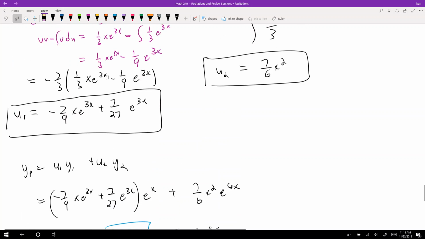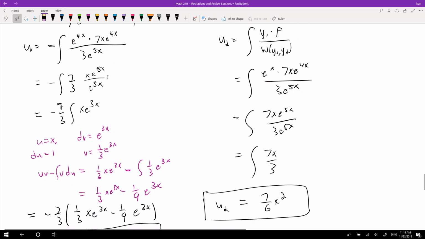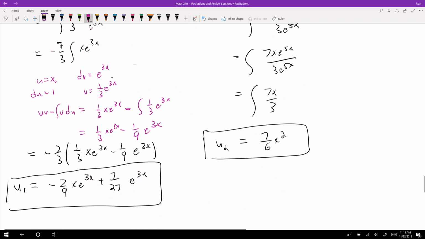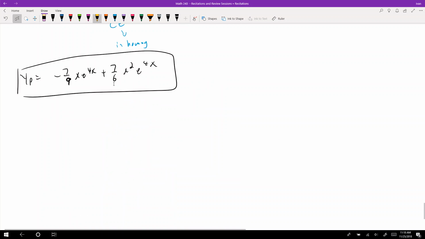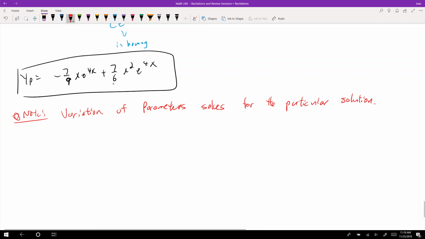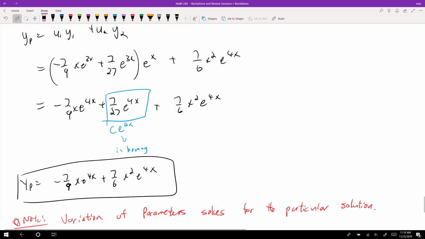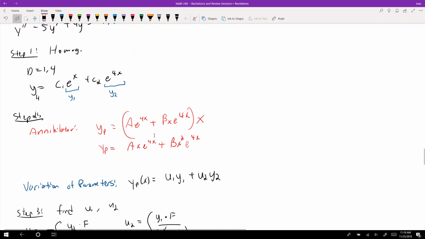Okay, one thing I want to talk about real quick is right here, in this integration. So when using variation of parameters, this is a very important note. Remember, variation of parameters solves for the particular solution, right? And in the particular solution, all our constants are going to be found.